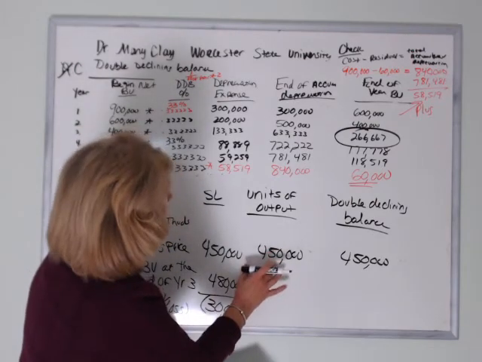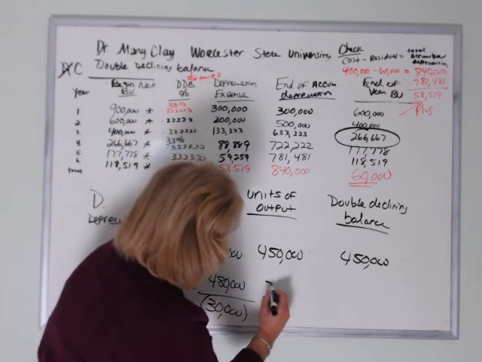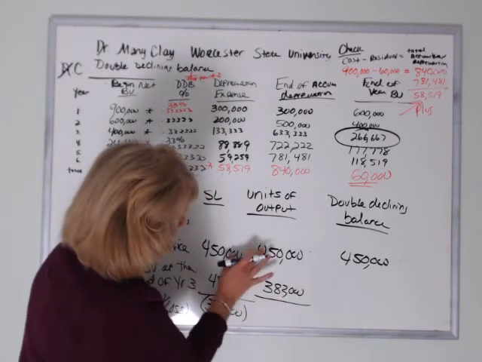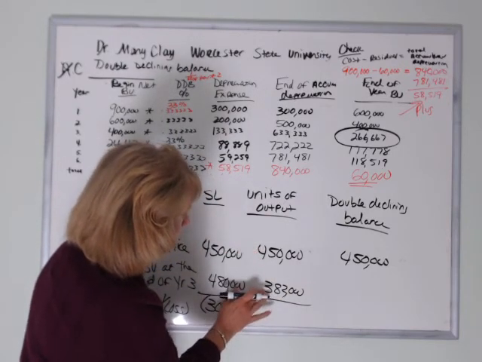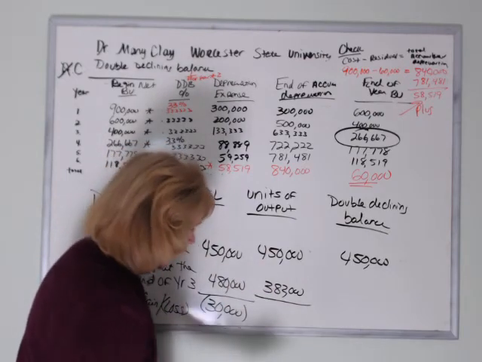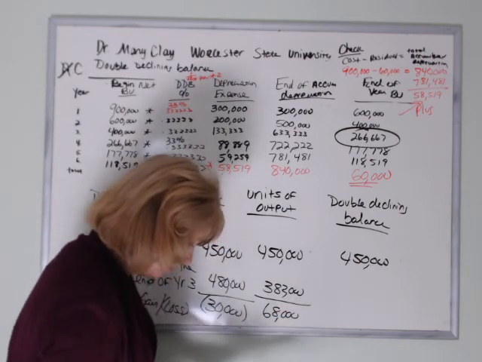All right, next we go to units of output. The book value was $382,000. Well, that's good. I can eye it. So I got $450,000 cash. My book value is $382,000. I take the difference between the two. I have a $68,000 gain. That's a gain.